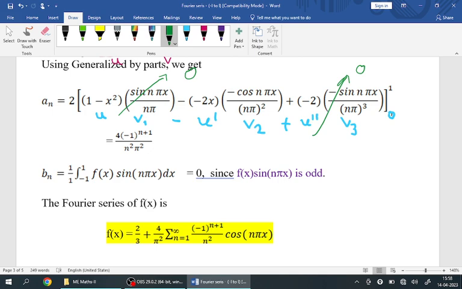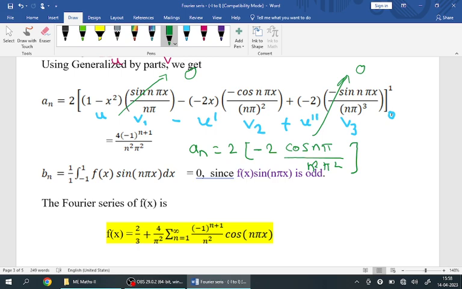So if we replace x by 1, the an will become, this 2 is outside. We are replacing x by 1, how many minus signs? 1, 2, 3. Three minuses means the result is a minus 2. Then cos x is 1, so cos n pi we are left with, cos n pi upon n square pi square. You will observe cos n pi is minus 1 raised to n.